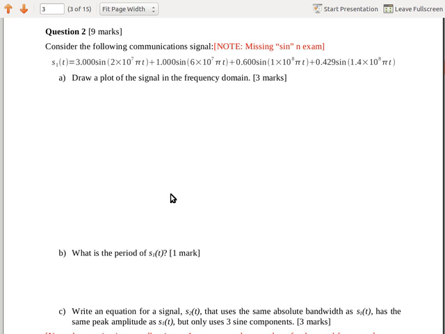How many components in our signal? 4 components. Frequency of the first component. Try and find the frequency of each of the components.